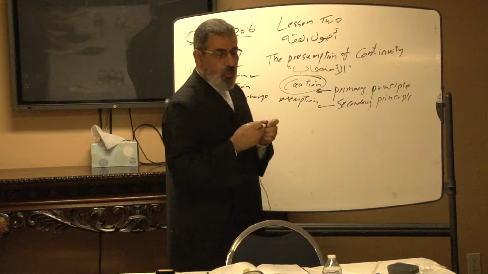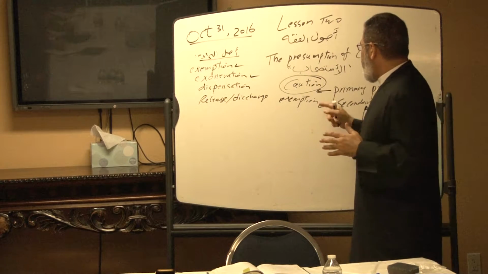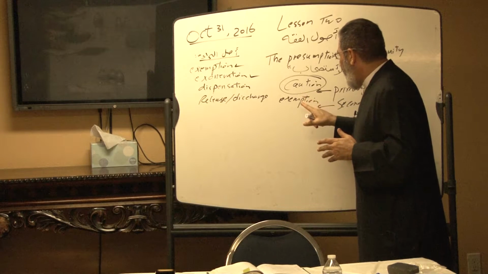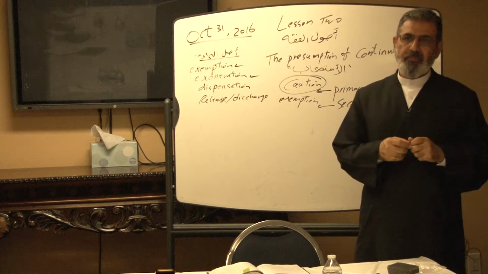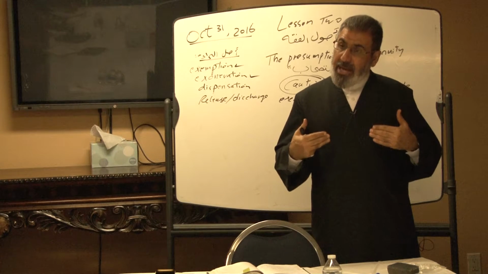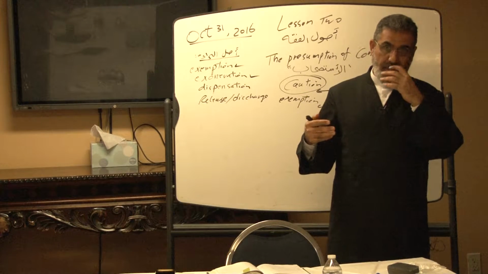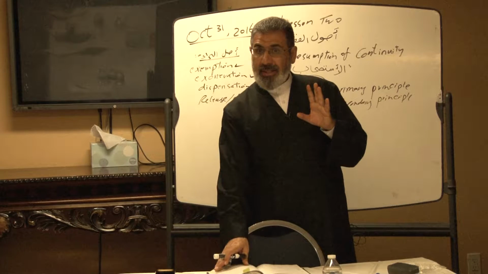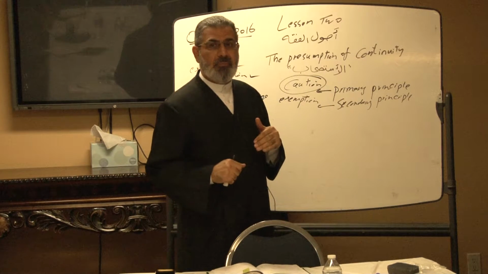Now, when do we use caution and when do we use exemption? If we have a doubt, but this doubt is, where is this doubt? This doubt is initial doubt.